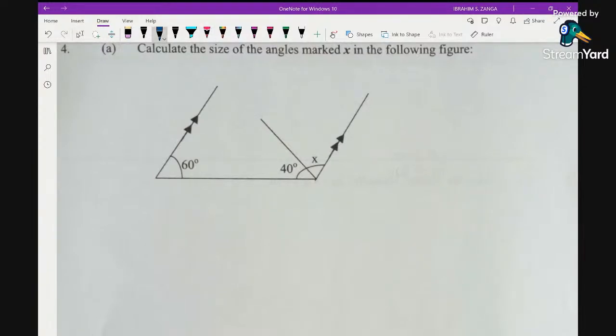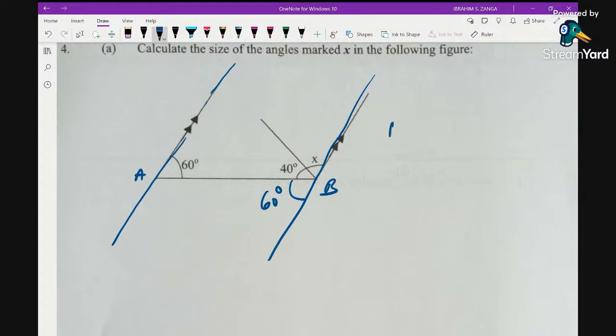So you have many ways actually to do this. You can extend this line, and you can extend also this. So this line here, maybe line AB, we can call it a transversal line. And we know that this angle here is going to be 60 also, because they're going to be alternate angles.